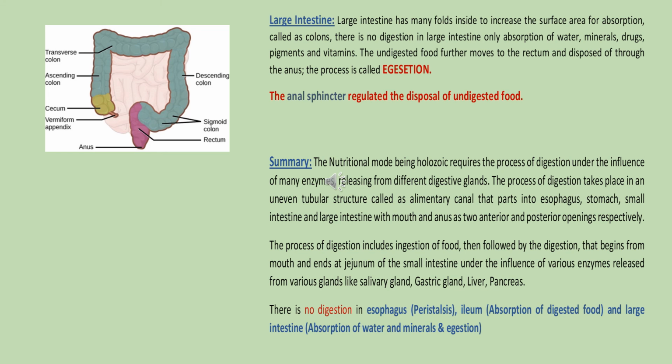They contain a wide range of enzymes to digest the various kinds of complex substances. We have also seen that in the process of digestion, no digestion takes place in the esophagus, ileum, and large intestine. The large intestine is a very important area because it is the place where absorption of water and minerals takes place.